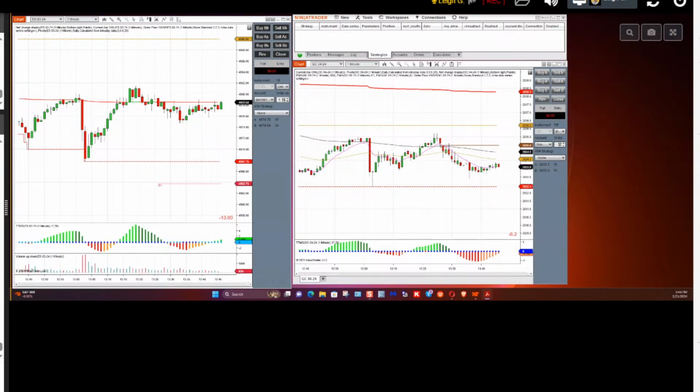So I was seriously, first of all, NVIDIA was the trade I was interested in trading today. That's the trade I'm interested in because I love those earnings trades. But I had interest in the Fed minutes until the CPI report.